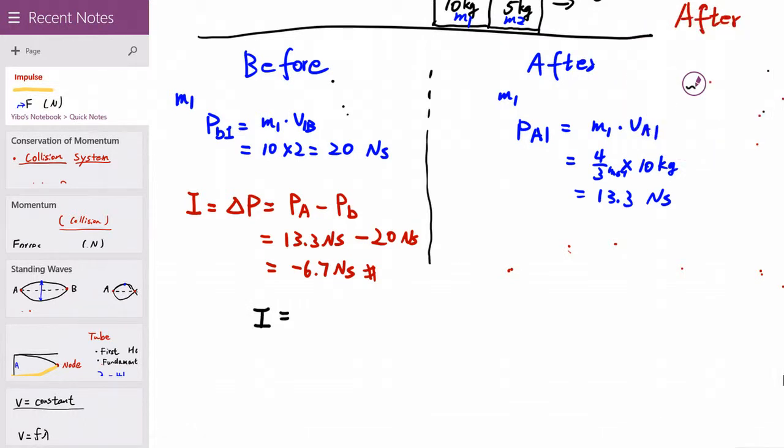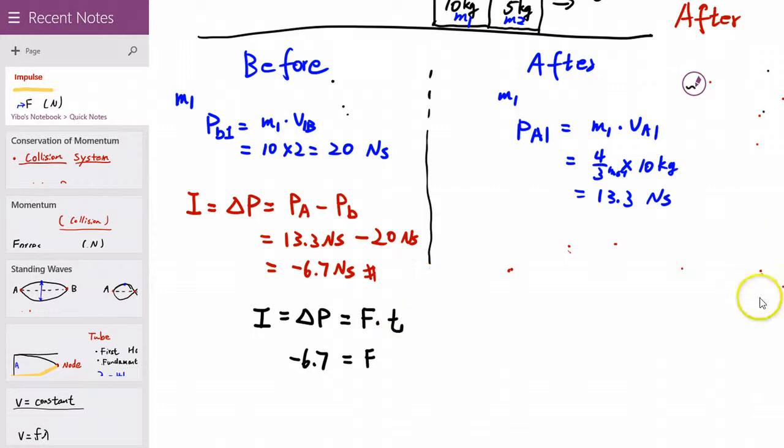Impulse is basically the change in momentum, which is force times the collision time. Now we know the impulse is 6.7, and we have a force times the collision time.